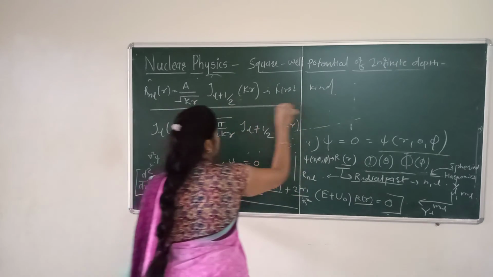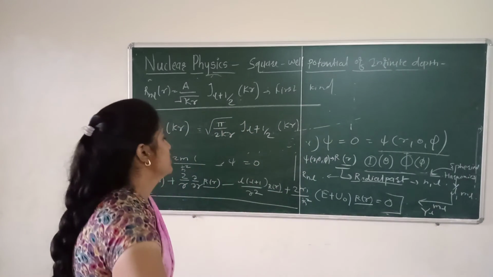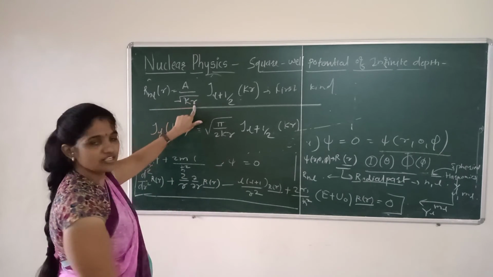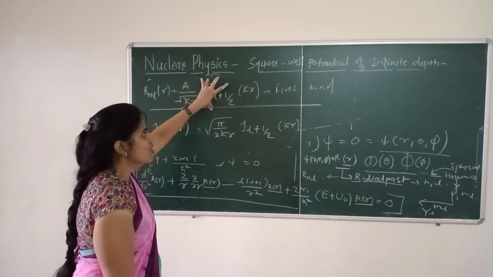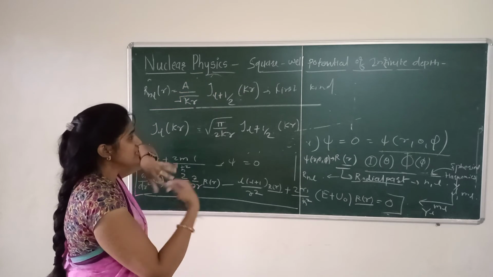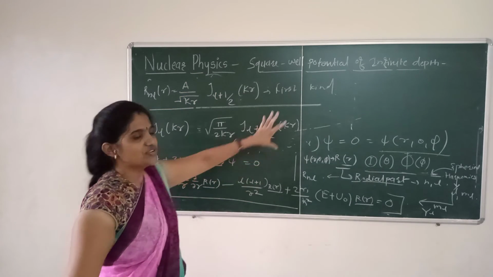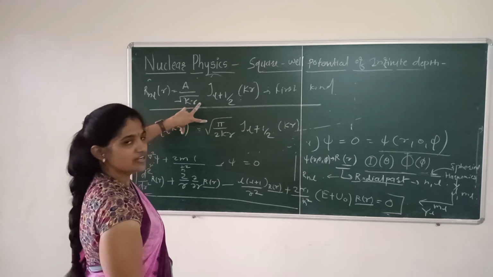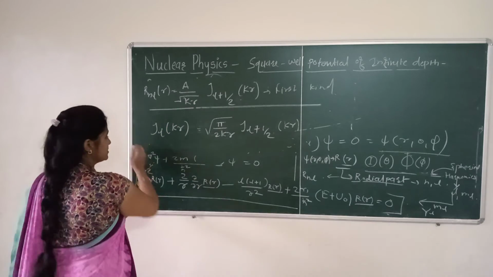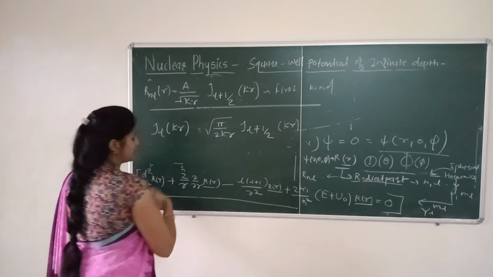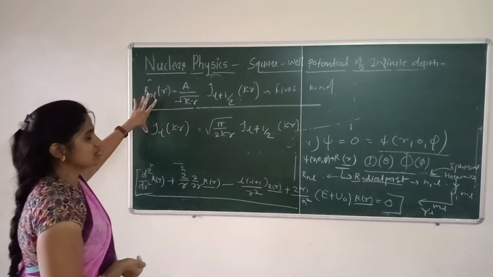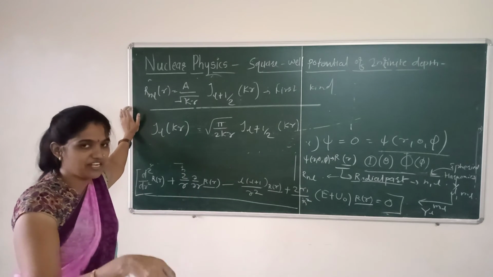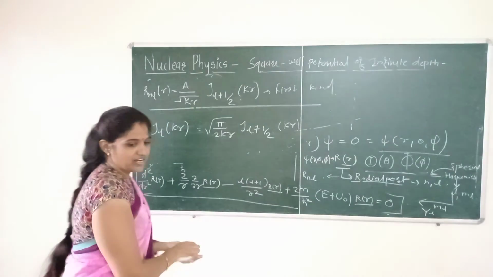See here, the concept is that when we find the solution of this radial equation, we get this solution, and this solution is nearly analogous to the Bessel's first kind equation, which is this. Okay, we can see here both are same. Means the solution of the radial equation gives us the Bessel equation, the spherical Bessel equation, which is of the first kind.